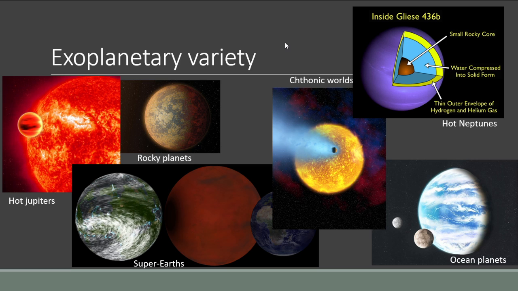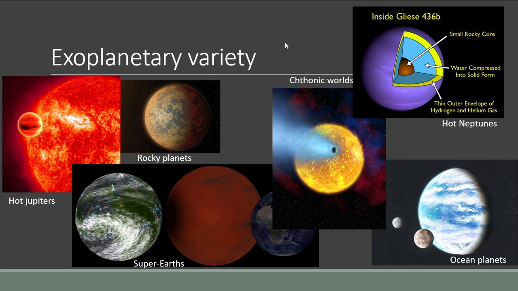Okay. So here I finished the first part of my lecture. In English I speak much slower than Russian, so I have a lot to tell you further on, but here I want to summarize the variety of exoplanets we have. We have hot Jupiters, we have rocky planets, super Earths, hot Neptunes, ocean planets, which doesn't mean that it resembles a drop of water.